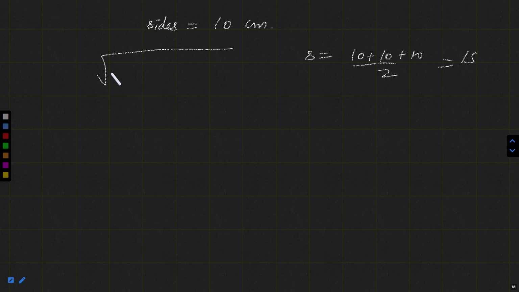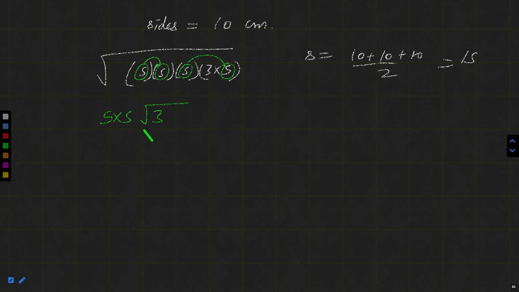So 15 minus 10 is 5, so 5 here, 5 here, 5 here. And 15 I can rewrite as 3 times 5. Now there are two pairs of 5, so I can take 2 fives out from the root, and the remaining is this value.